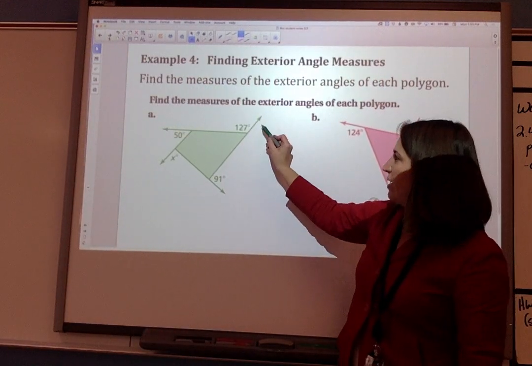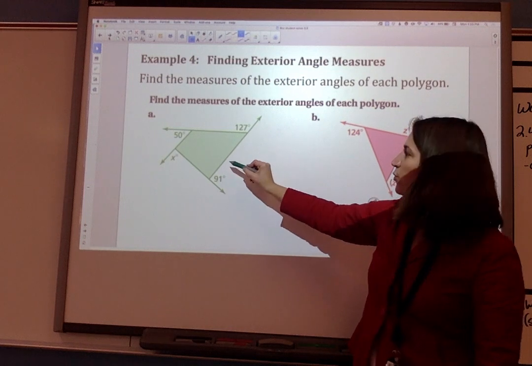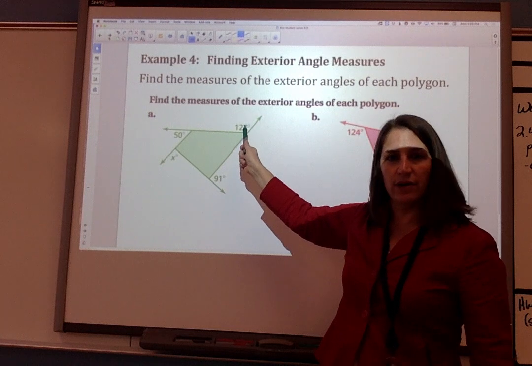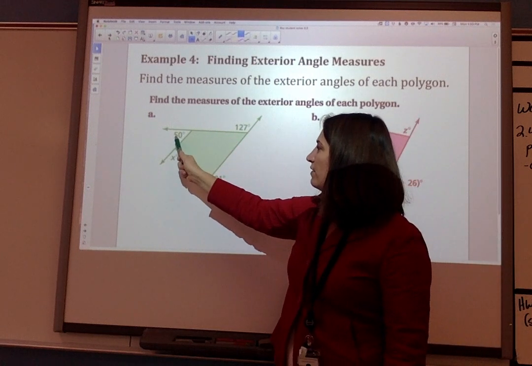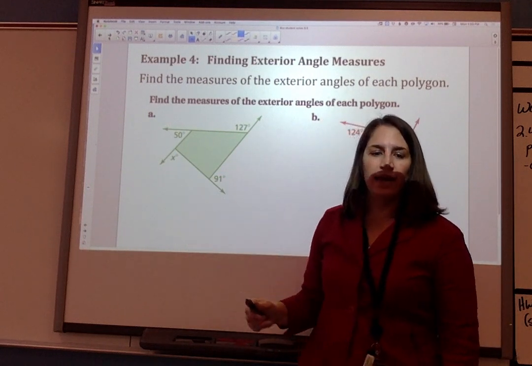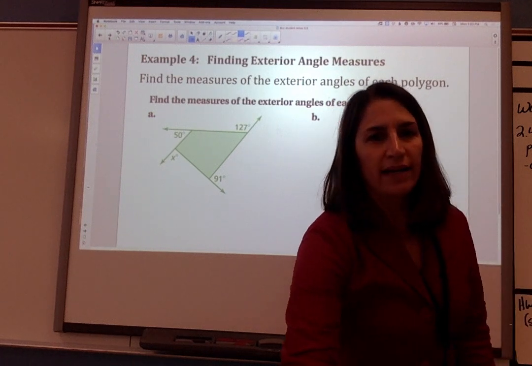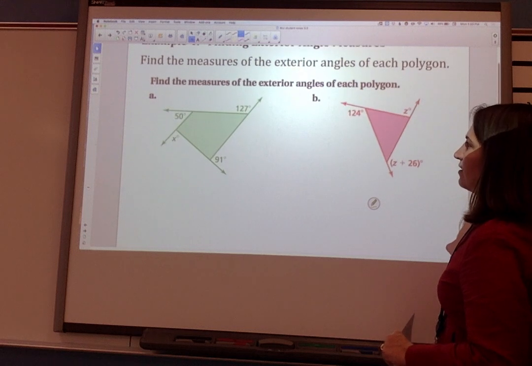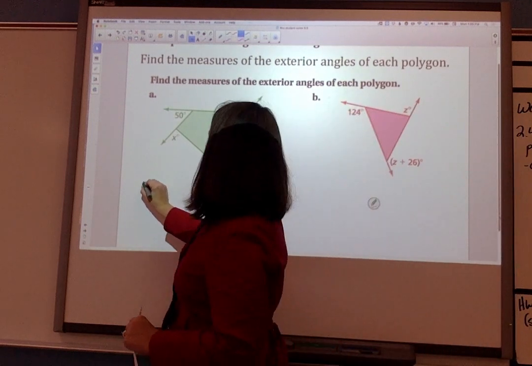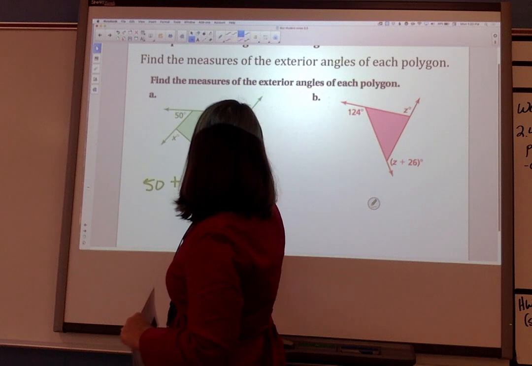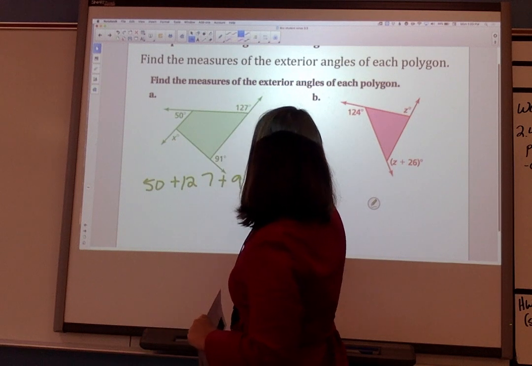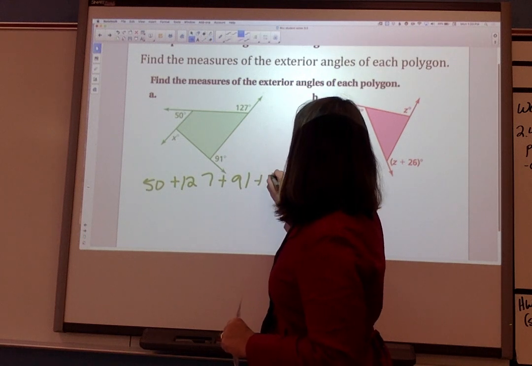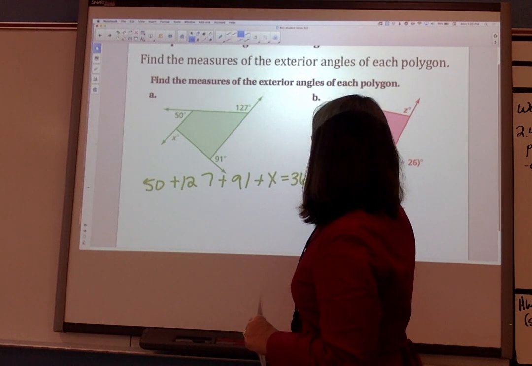So here we have some exterior angles. Remember, those are formed when we extend one of the side lengths. So here we have an exterior angle of 127, 50, 91, and then x. So we need to add up all of these exterior angles, and they should add to 360. So 50 plus 127 plus 91 plus x equals 360.